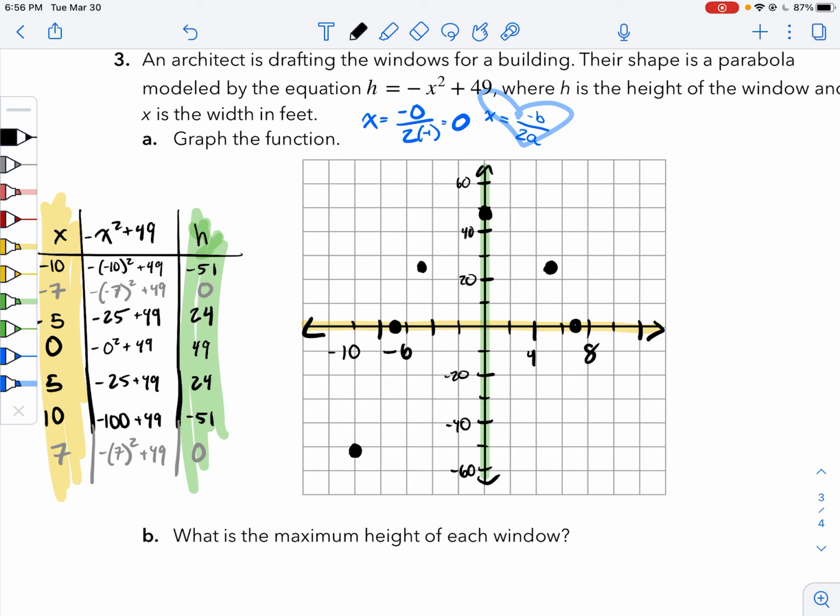Over 7, up 0. And finally, over 10, down 51. Okay, and now we'll draw our parabola.